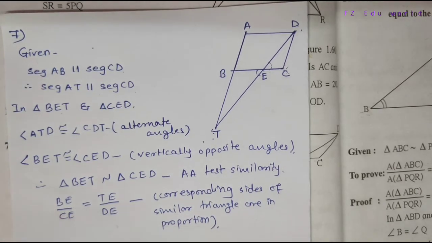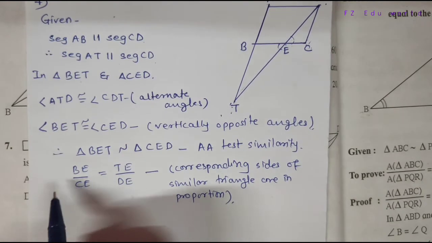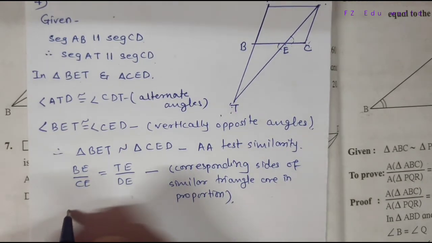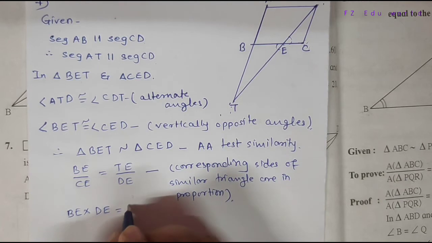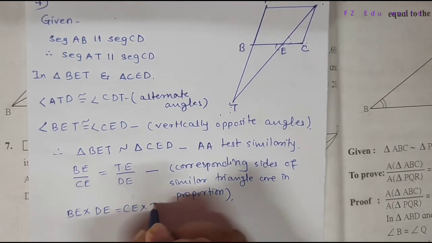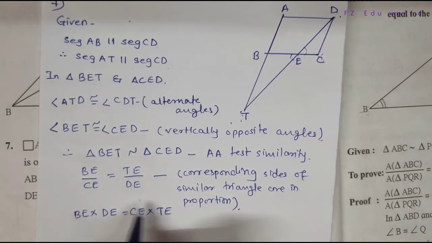Now, by simply cross multiplying, we are getting what we have to prove: BE into DE is equal to CE into TE. That's what we have to prove.